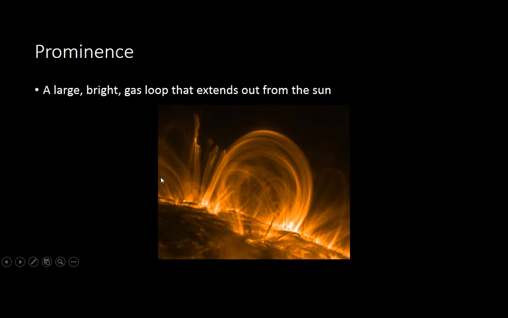And one of the things that it makes is something called a prominence, which is a bright gas loop of plasma that extends out from the sun. So the sun is made of plasma, so this is also a plasma loop. So think of it as a rainbow made of plasma. And this loop here is quite large. We could fit Earth easily underneath, and sometimes, if they're big ones, we could even fit the largest planet, Jupiter, underneath.